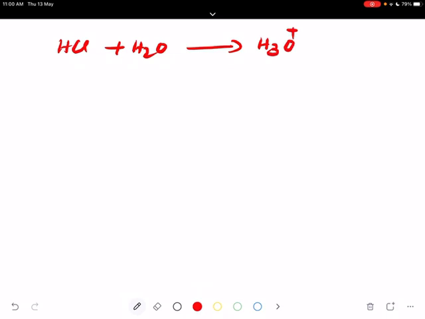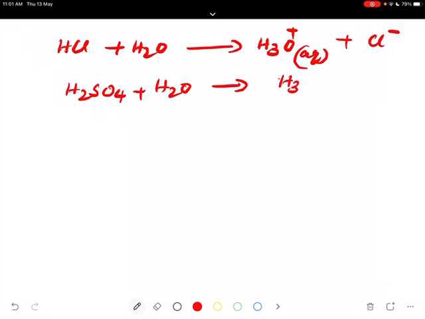So let's see once again. You can take different acids, for example, HCl plus H2O giving H3O plus aqueous plus Cl minus, or H2SO4 plus H2O giving twice H3O plus and SO4 2 minus.